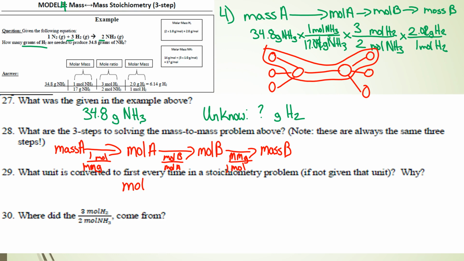All right. So now, number 30, it says, where does the 3 over 2 come from in this one? It's the mole ratio from the balanced coefficients. So the 3 moles of H2 to 2 moles of NH3 is the mole ratio of the balanced coefficients.